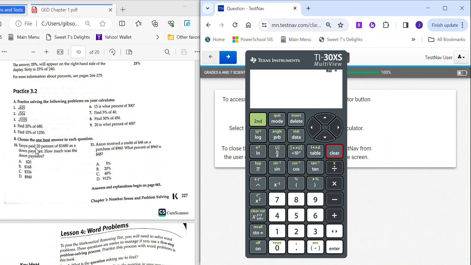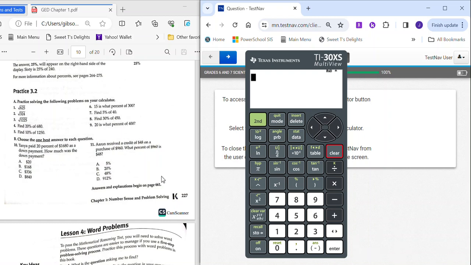It's just worded differently. So we know we would do the whole first, which is 1680, and then times the percent, which is 20%. So it'll be 20 second, and then a percent sign, enter. It'll be $336, which is C.